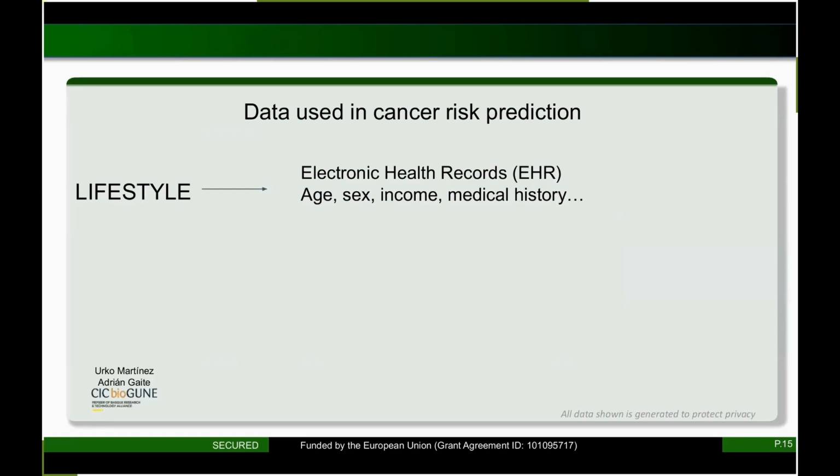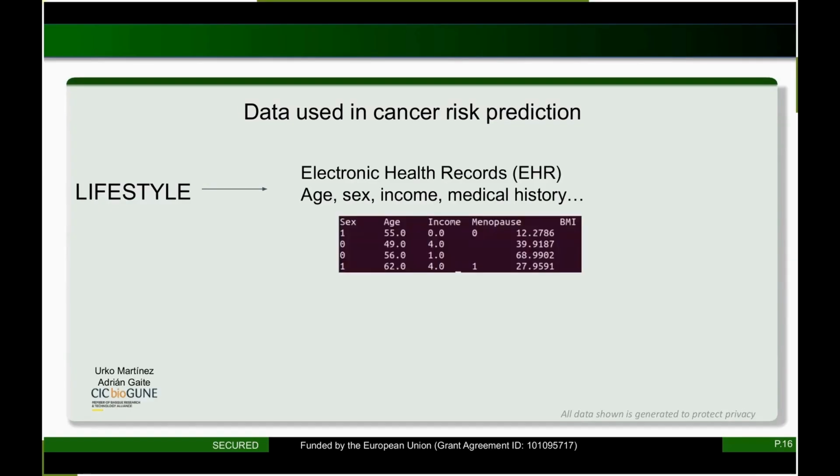So what is the data that can be used in cancer risk prediction? In our example, for lifestyle we use the electronic health records, and we extract from them for different cancers different lifestyle information that is useful. It can be age, sex, income, medical history. And then, as I mentioned, we encode this. This is an example that shows this.